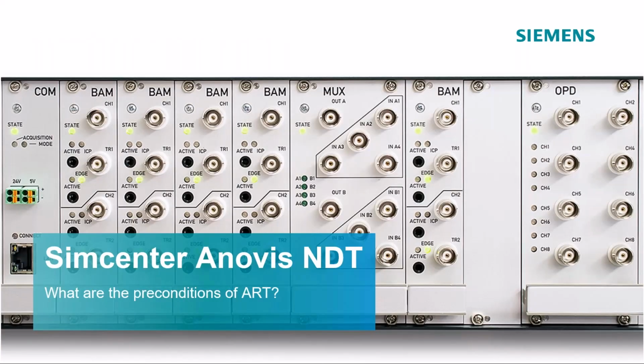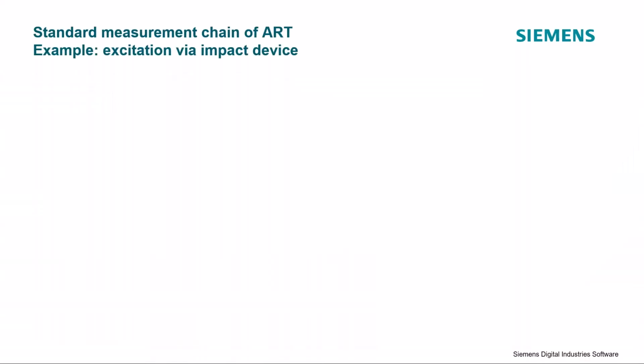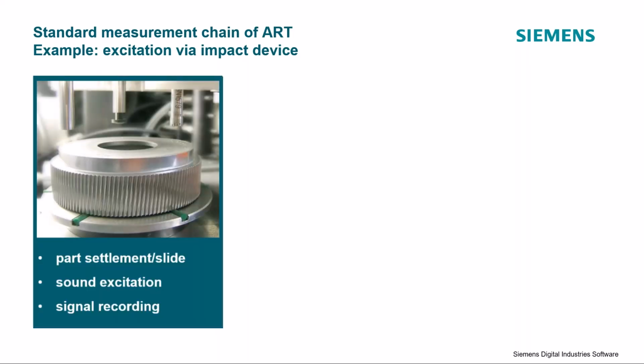So what are the preconditions of acoustic resonance testing? We have to get some signal. And here I have an example, a pulley used for a steering assembly. What you see is a part settlement. What is this? A part settlement is where I place the part in a reproducible manner, because I want to have the same signal each time I repeat the measurement.